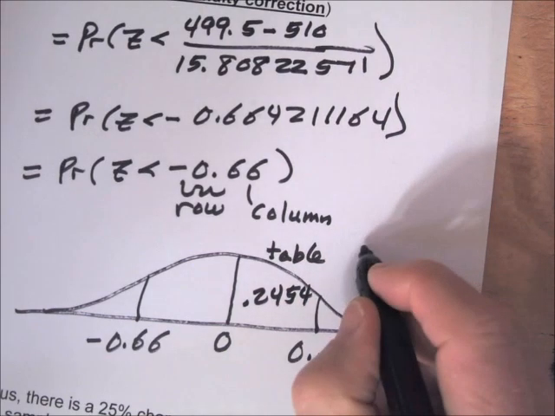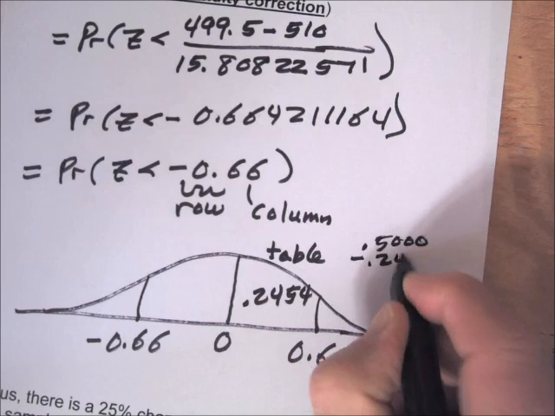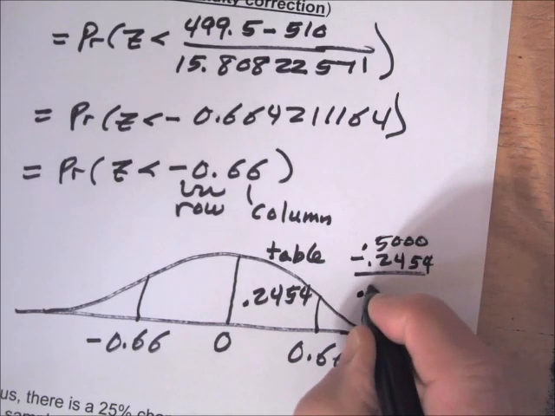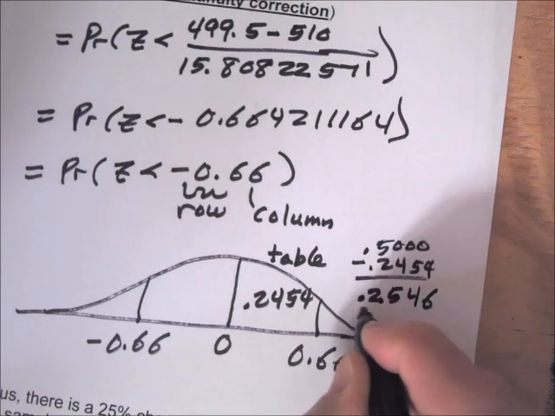And if we do 0.5 minus that, that's going to be 0.2546.